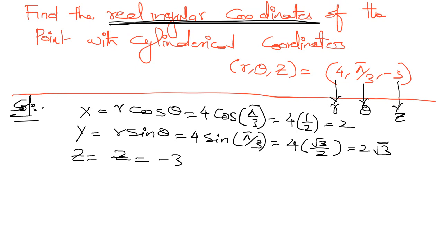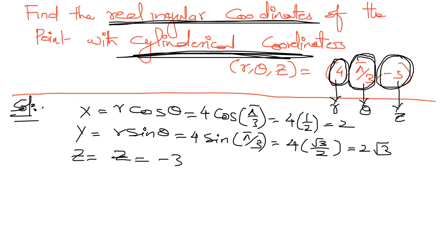If I say it is a cylindrical coordinate, it is understood that the first value is r, the second is theta, and the third is z. Got it? Yes, you have to remember that.